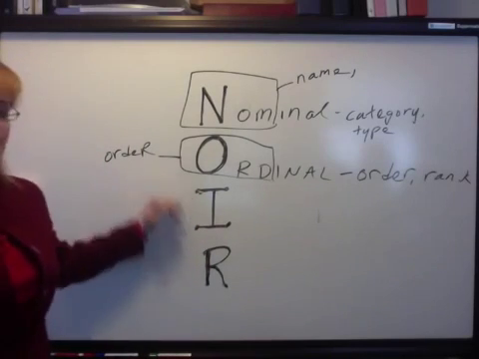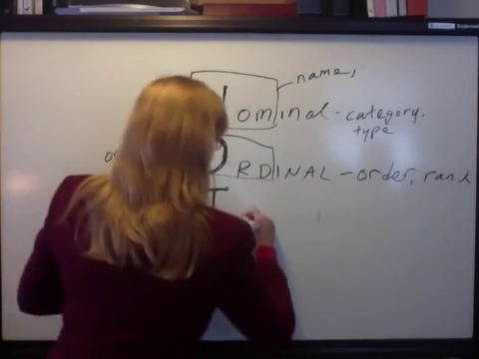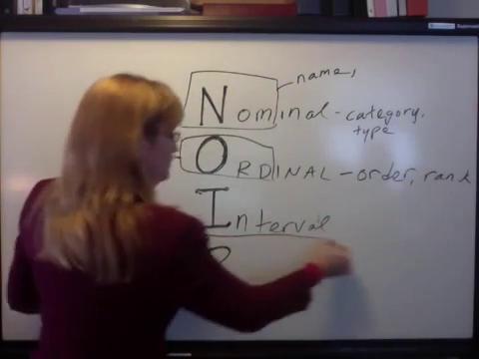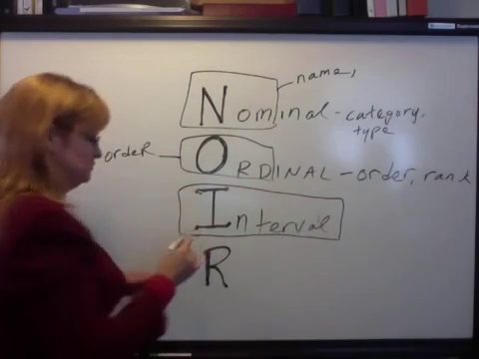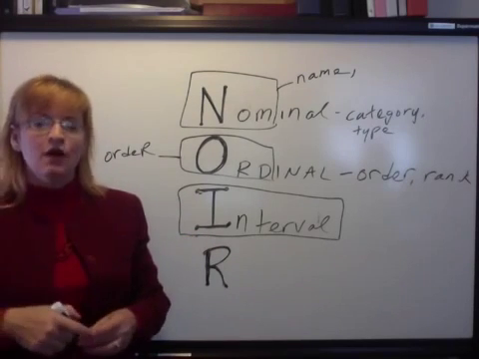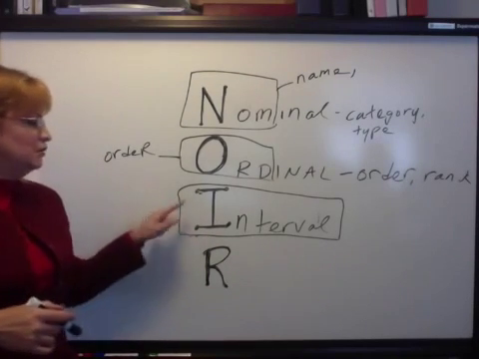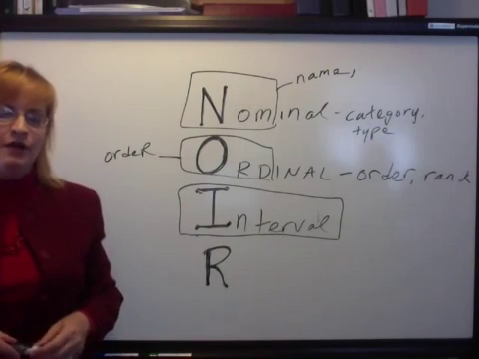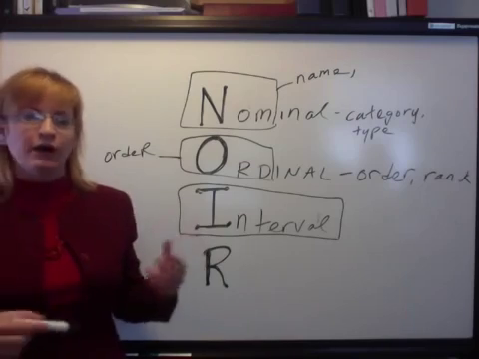The next measurement scale is interval. An interval scale has equal intervals in between different items. So on an interval scale, a 2 is twice as much as a 1. A 10 is twice as much as a 5. A 3 is 3 times as much as a 1.